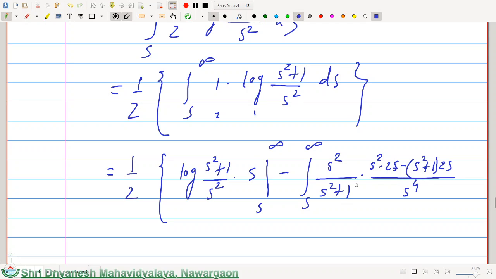Okay, so the integration of the derivative of the first function is done, and the integration of the second function is s ds.